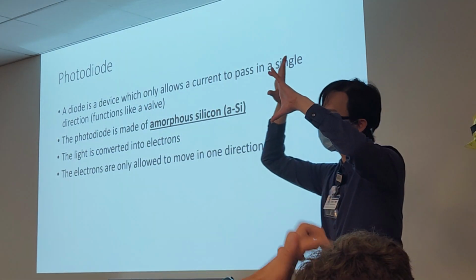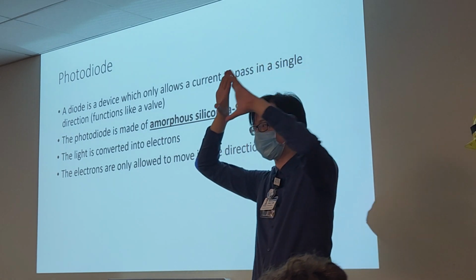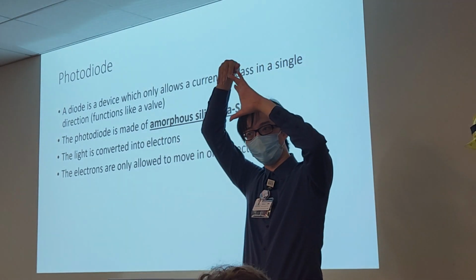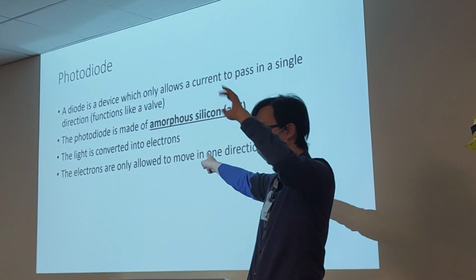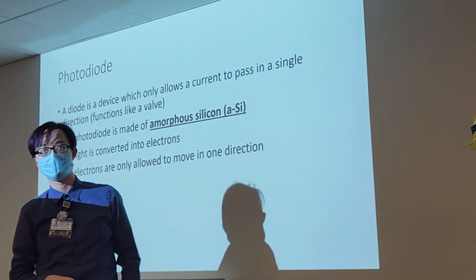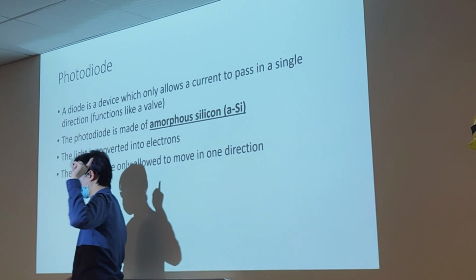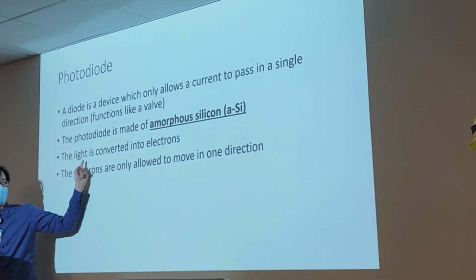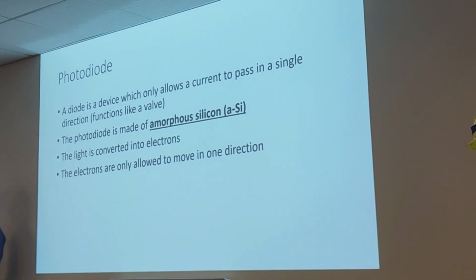And the diode makes sure that the electric current is only going to go one way, forwards towards the rest of our TFT. So light is converted into electrons, and the electrons can only go in one direction, towards the TFT.